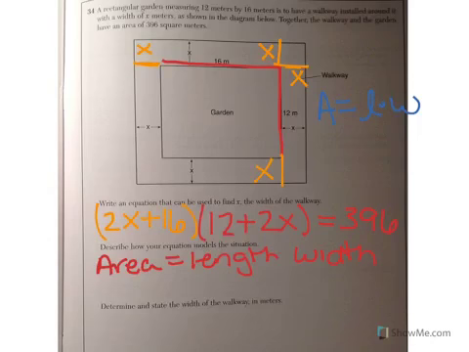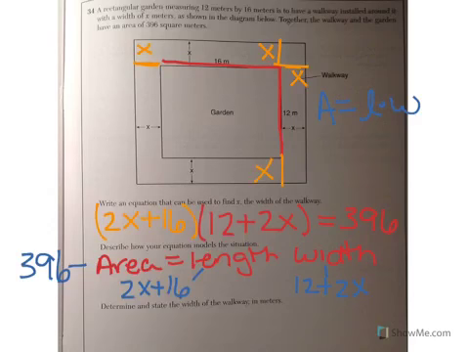Okay, and the length of the garden and the walkway is going to be represented by 2x plus 16, and the width is represented by 12 plus 2x, and the area is represented by 396 square meters.